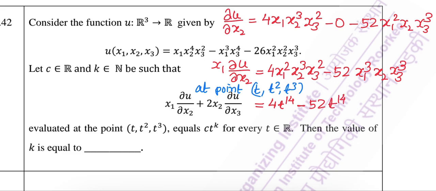So from here if you observe, the coefficient is not so important because we have to answer the power. So you may have understood that our answer will be this 14.